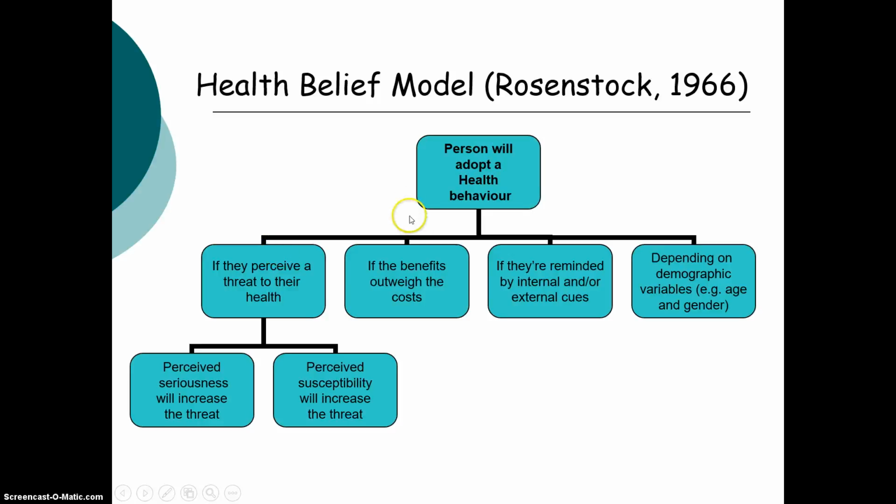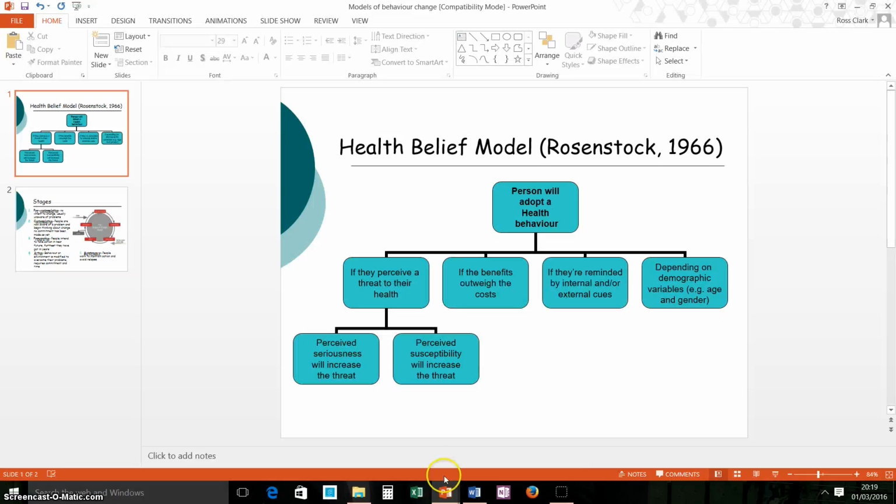How would a campaign make them see that the benefits outweigh the costs? How would it remind them internally and externally of cues to changing their behaviour? And finally, how would a campaign address demographics? So a campaign might want to focus on people of a particular age. So how would it change the way it does things according to that?